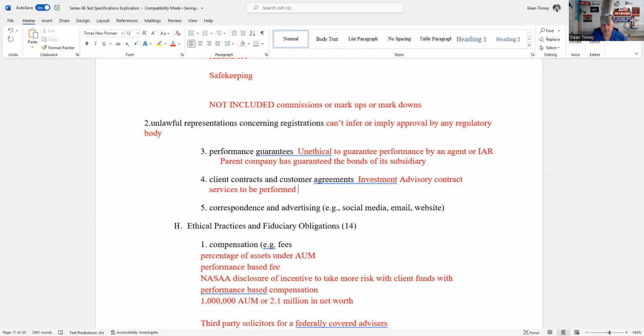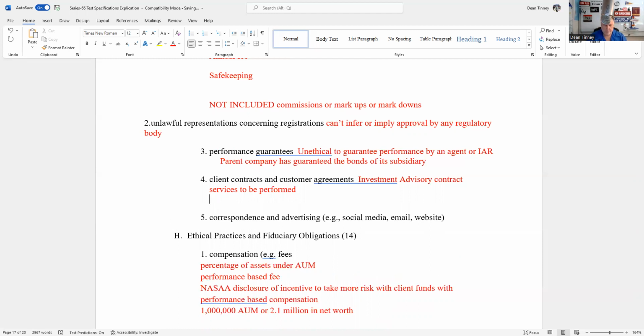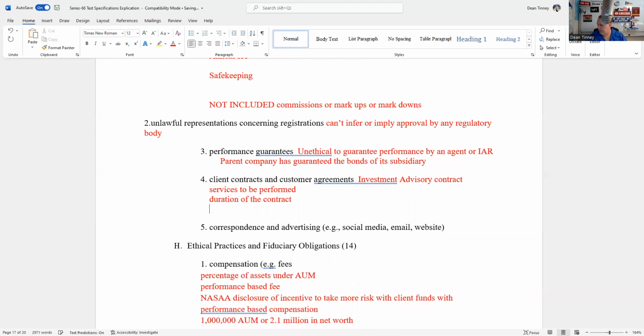We're going to spell out the duration of the contract. We're going to spell out the advisory fee and how that's being computed. Now, remember, usually most of us do it as assets under management, a percentage. And if there's going to be a performance-based fee, then there are additional rules and disclosures for that.